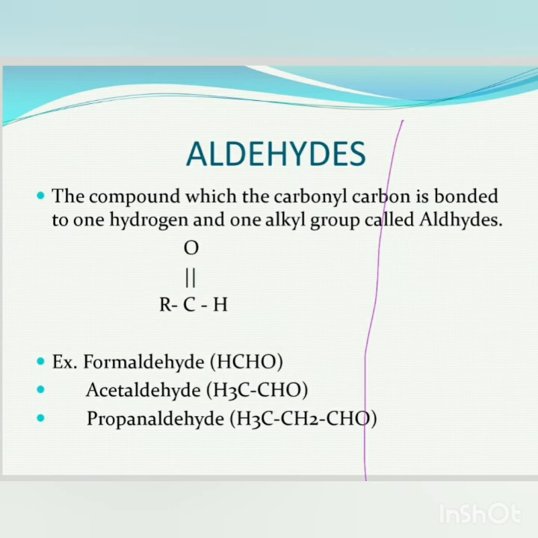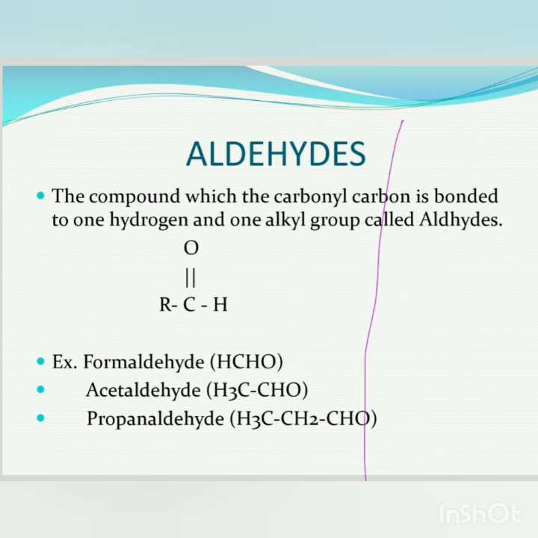So here the formula is R-C=O-H, right? For the C=O group we have two groups, one is the alkyl group and the other is the hydrogen atom. Examples: formaldehyde H-C=O-H, acetaldehyde CH3-C=O-H, propanaldehyde CH3CH2-C=O-H.